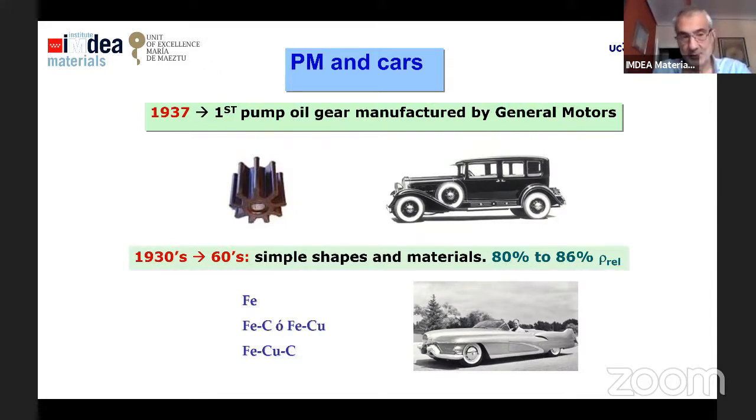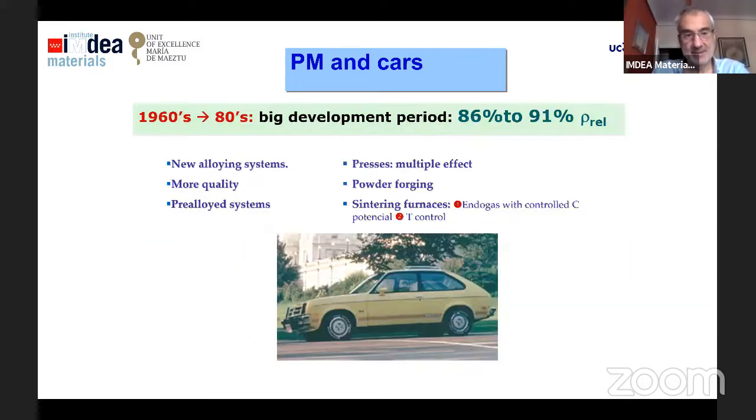For this reason this manufacturing route was introduced to produce some parts. Between the 30s and the 60s, many simple shapes and different materials were developed for the car industry, producing the growth of the conventional powder metallurgy industry of parts produced by press and sintering.